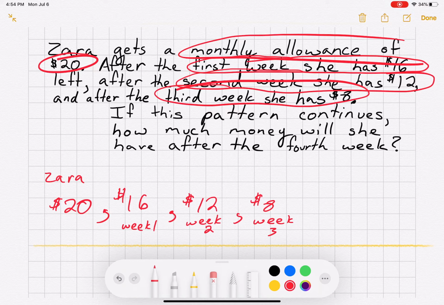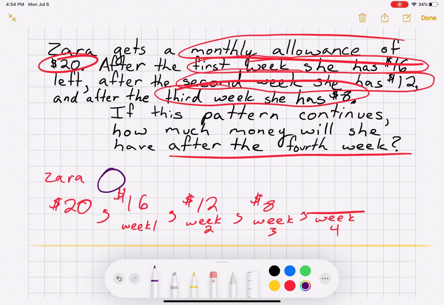Okay, so this is an example of how we can use this sequence to help us solve these problems when it's a pattern. If this pattern continues, how much money will she have after the 4th week? So that's what we want to find out. So I'm going to write week 4 here, and that's where we're going to put that. And now I'm going to have a look.